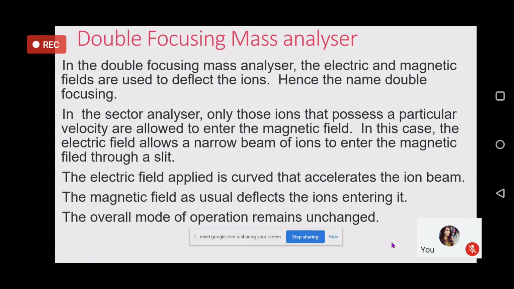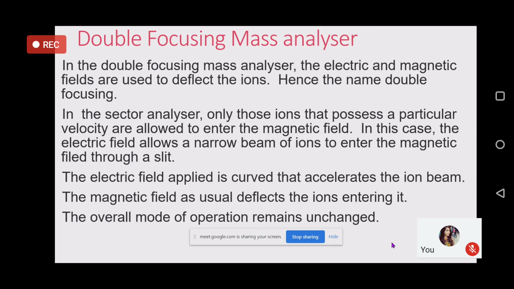But suppose the ion beam is brought into the electric field. That means originally the fragments in the ion beam with different m by z values have different velocities because they are not subjected to any field. They have been produced and transferred to the electric field.